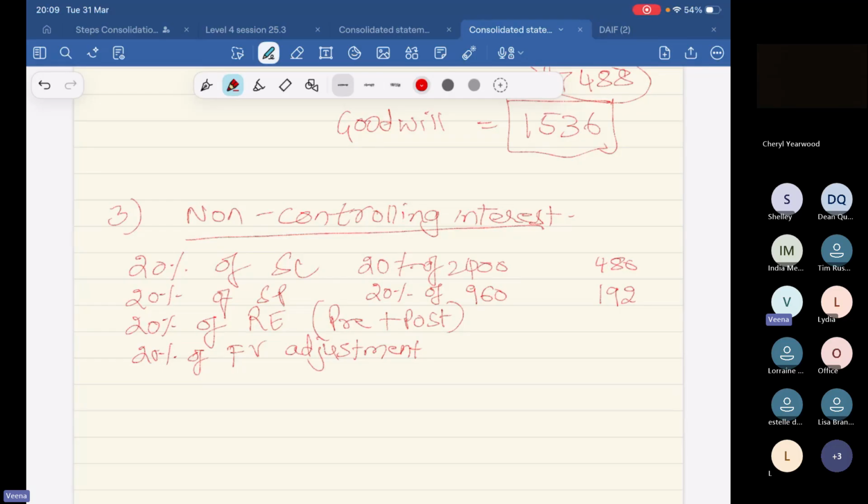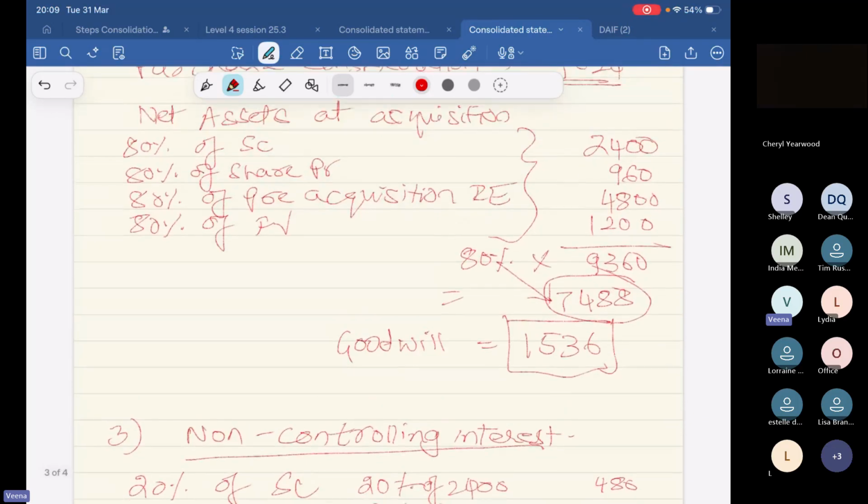First, let me do the fair value adjustment and then I'll come to pre and post. 20% of fair value adjustment is 20% of 1,200, which makes it 240. Now, retained earnings.